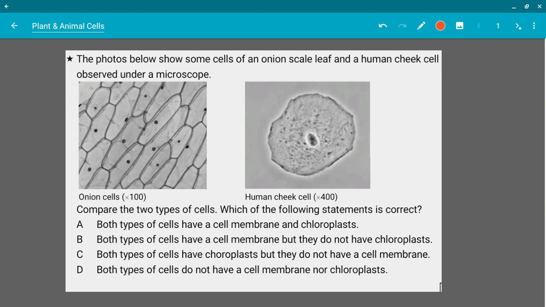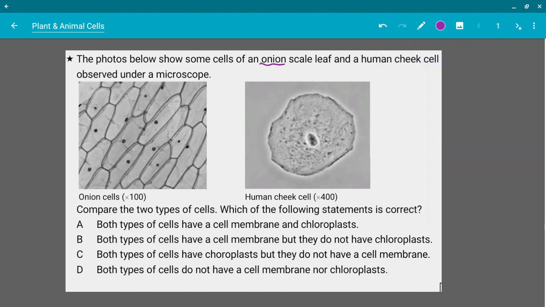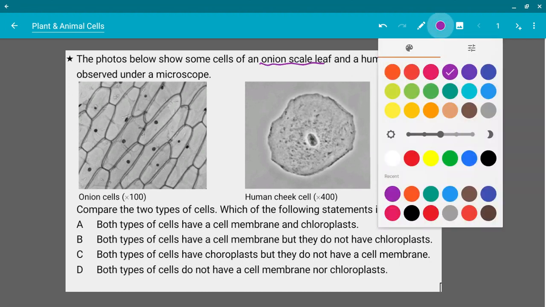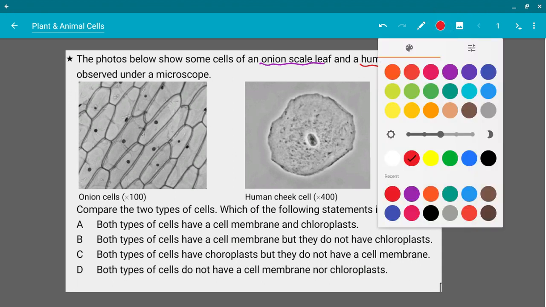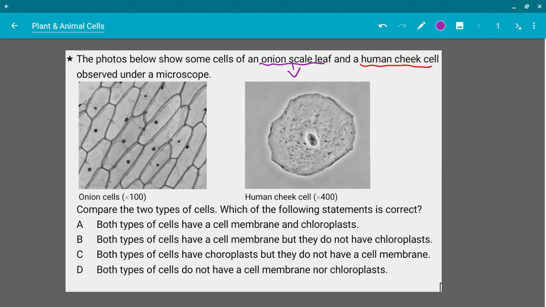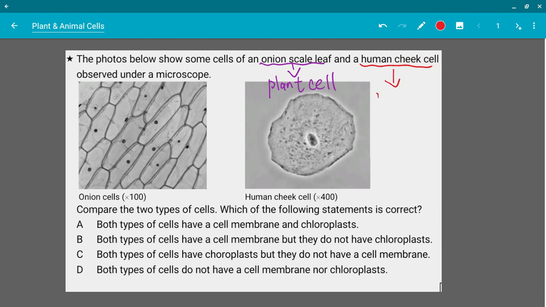The photos below show some cells of an onion scale leaf. Okay, this is an onion leaf. And a human cheek cell. Okay, so now you have a human cheek cell. So the onion cell, in other words, is a plant cell, whereas the human cheek cell is an animal cell.